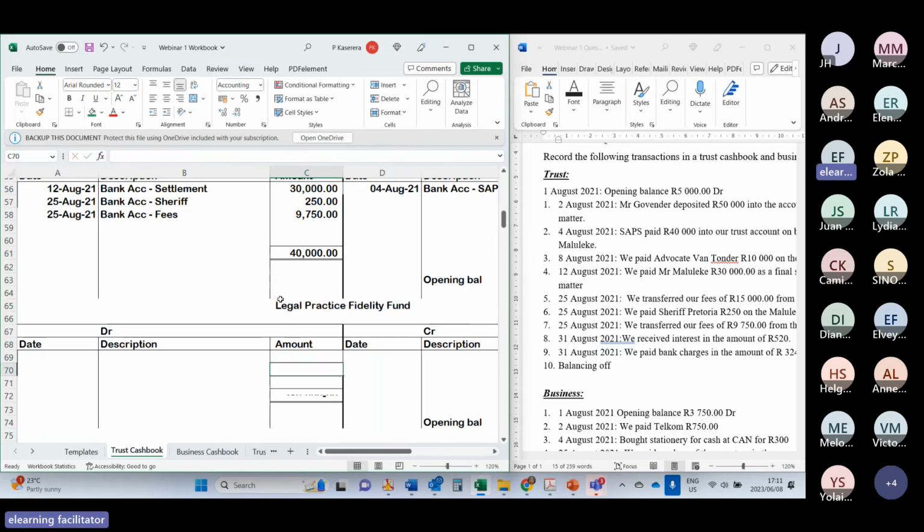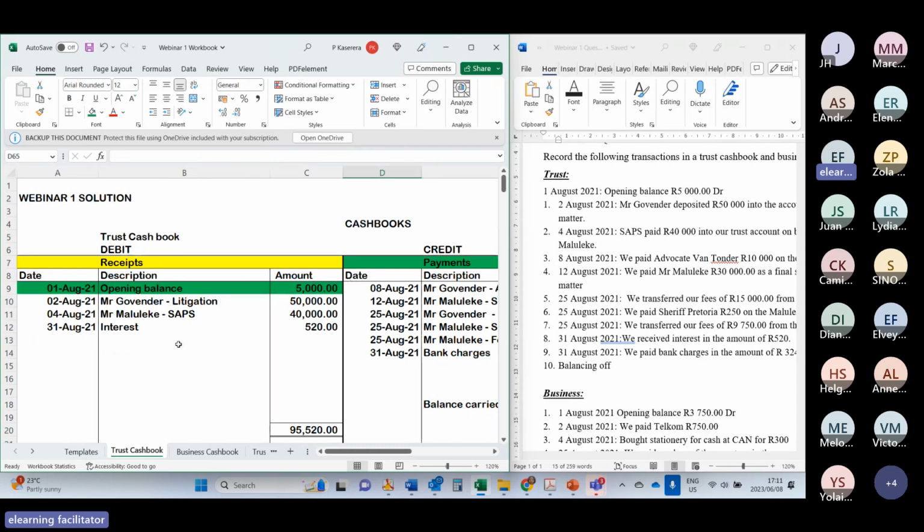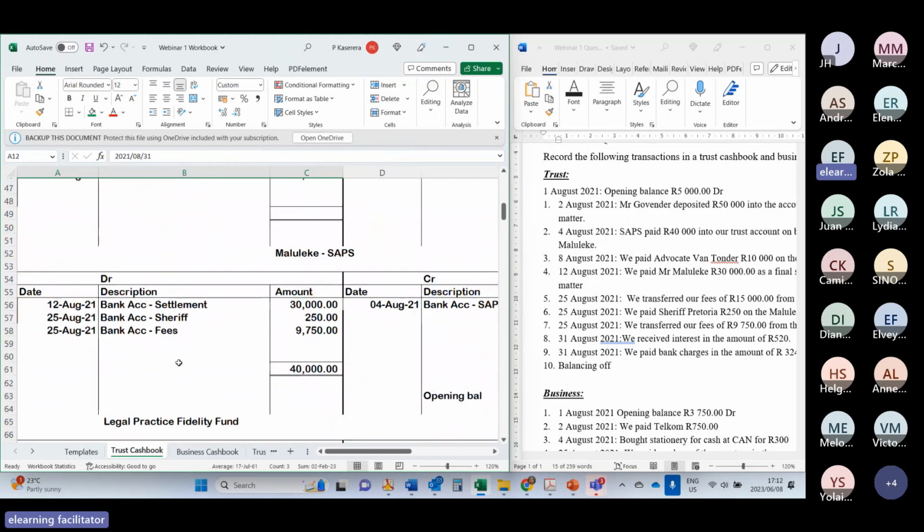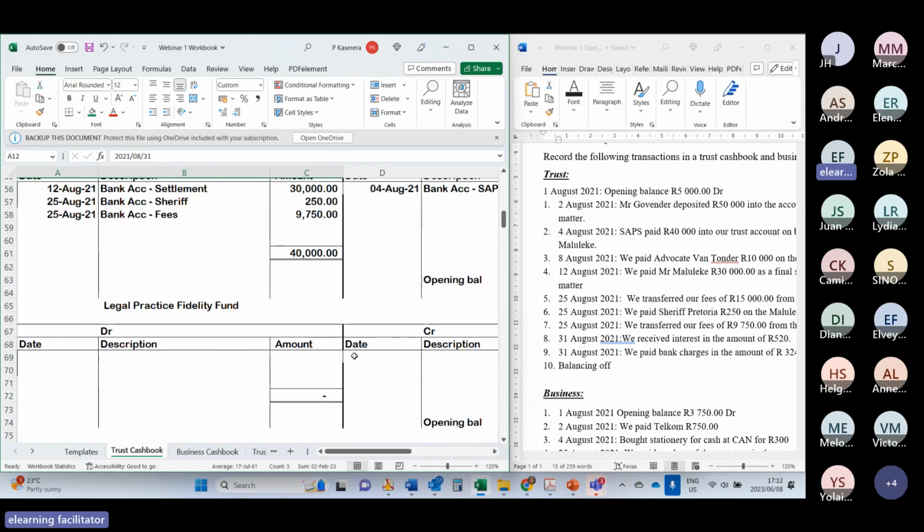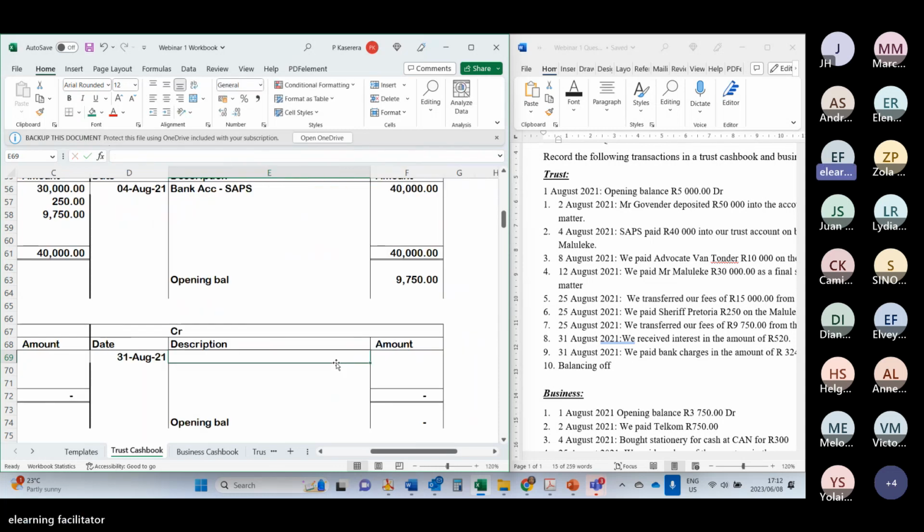Okay, so if we have received interest, if you look at our cash book, it's on our debit side. Here it is. So whenever the trust account receives interest, it's making the fund our creditor. See?